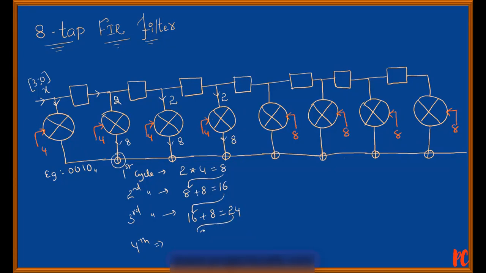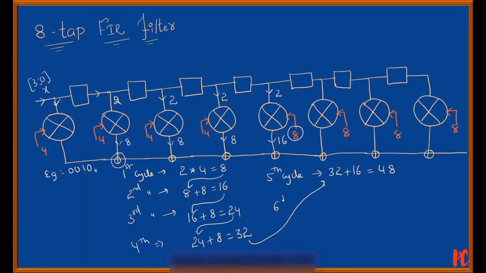This 24 is again added with 8, which gives a result of 32. Now what happened for the fifth cycle? The same input comes across the 8 multiplier, and the output, which is nothing but 16, comes here. This time it is added to give a result of 48.